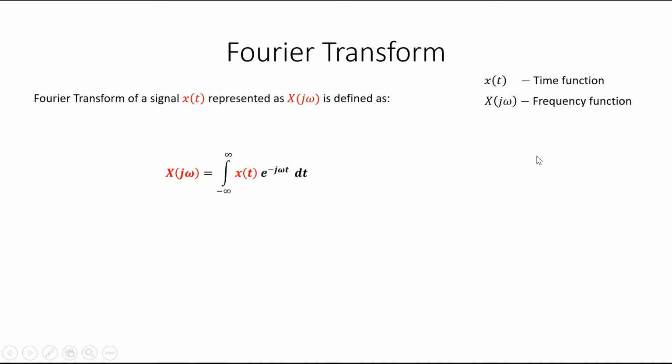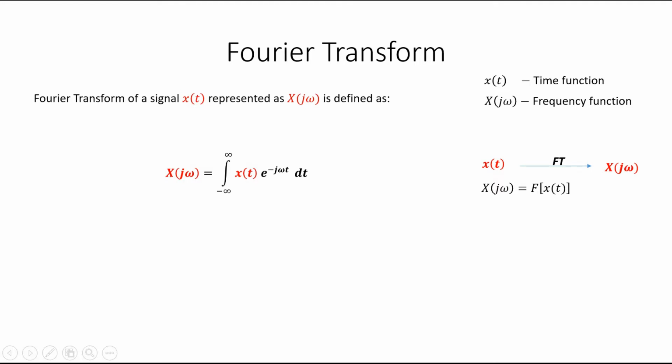So we can find x of j omega, the frequency function, from the time function by doing the Fourier transform, and we represent this as x of j omega is the Fourier transform of x of t, F of x of t.